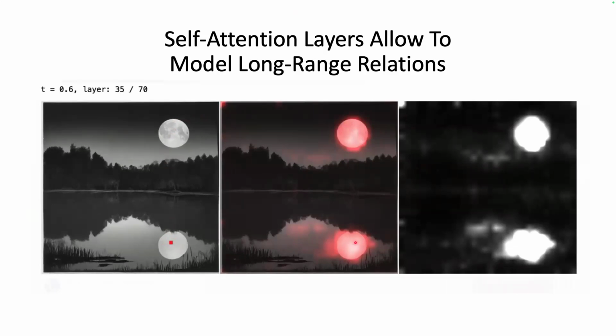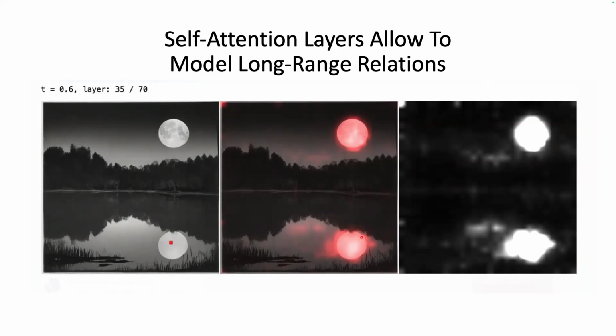So by this, you can see how these attention layers allow the model to model long-range relations. If we used only convolution layers, it would be very difficult to have an accurate reflection of the moon. We would have to have a very large receptive field, but these attention layers allow us to model these long-range relations.